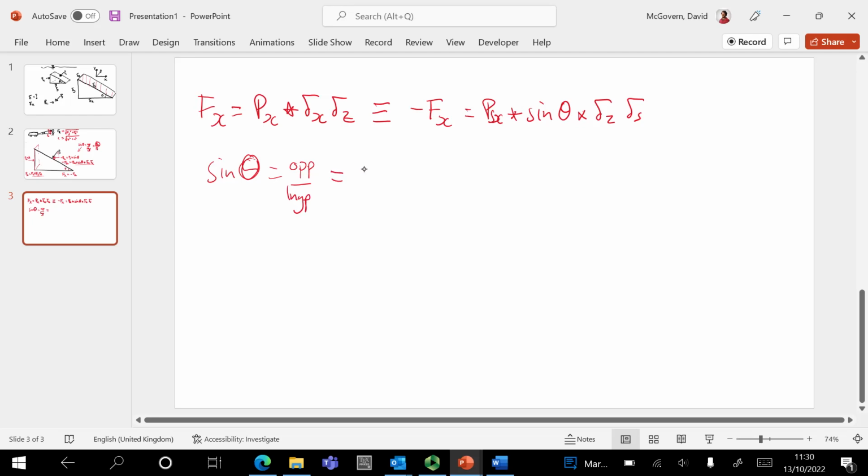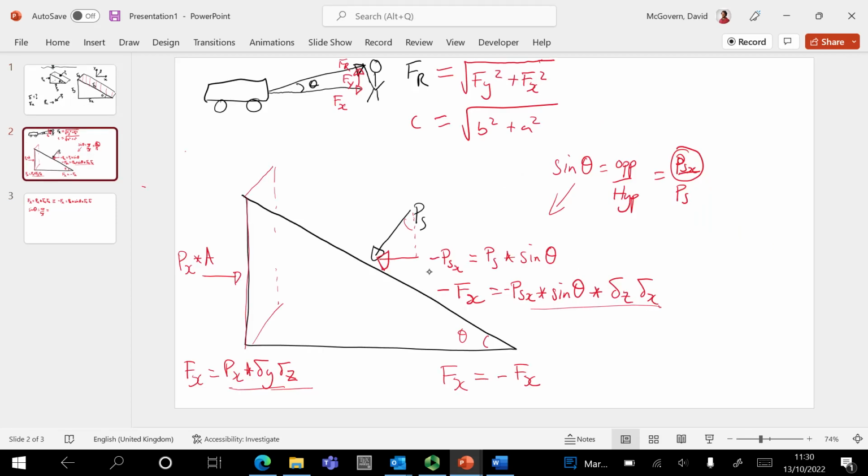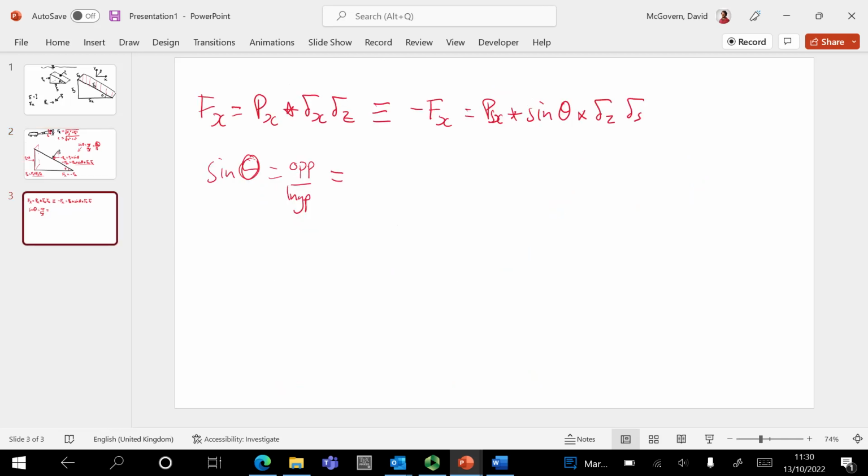And in this case, the opposite of this angle here is going to be delta y, this one here, and the hypotenuse, of course, is delta s, sorry.